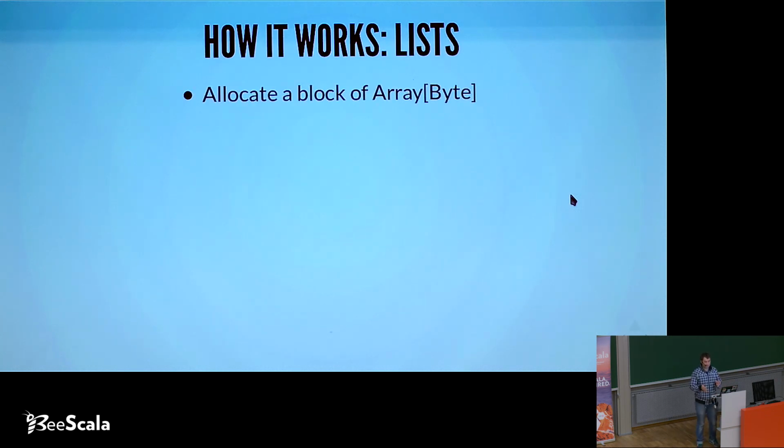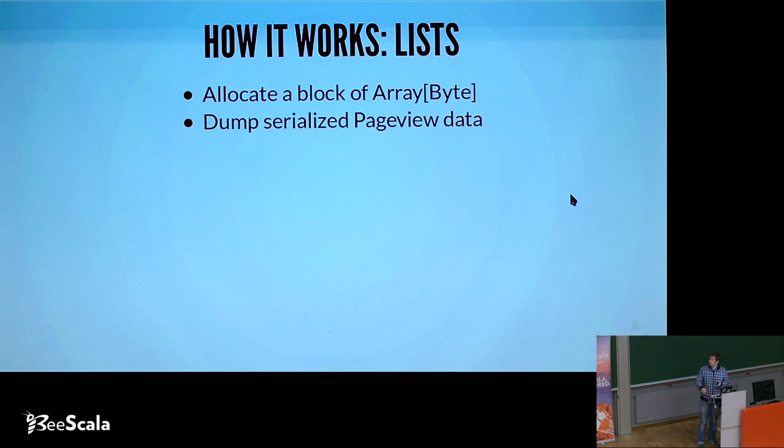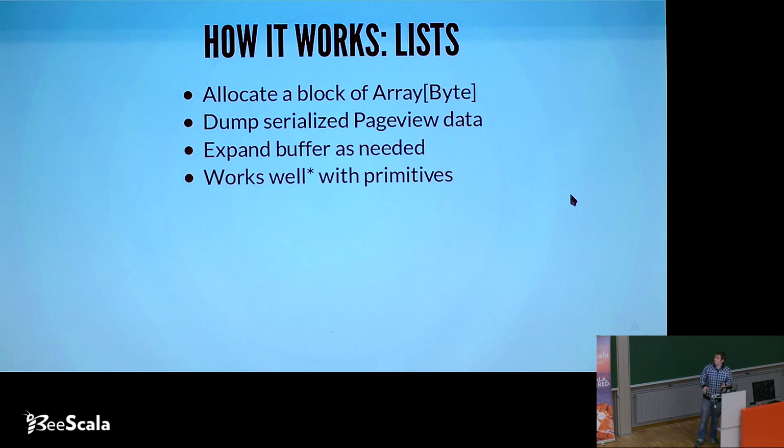A packed list is just a huge chunk of bytes, and when you create a list, you just dump the page view data there, and it serializes it one by one. The buffer is expanded, and you are not really limited to case classes when you're putting something there. You can use a list of integers, and it will serialize to 4-byte integers, having no overhead, at least for the memory usage.